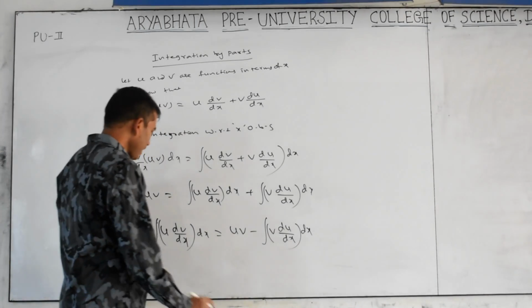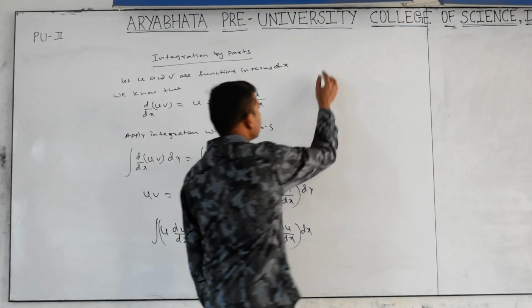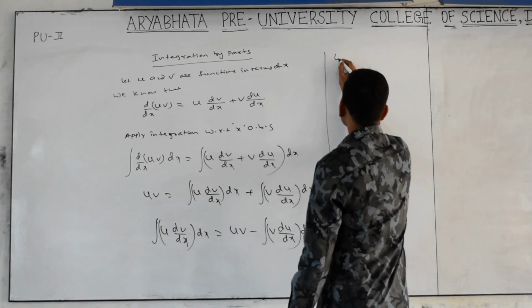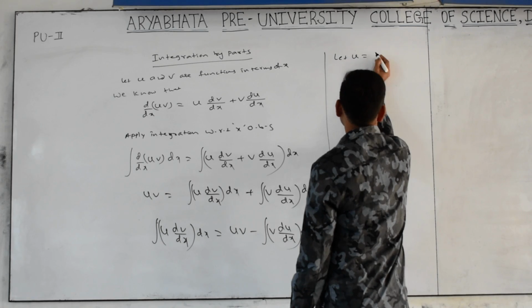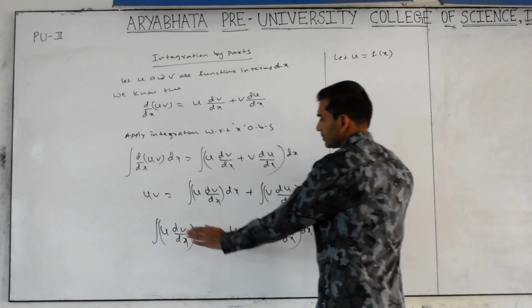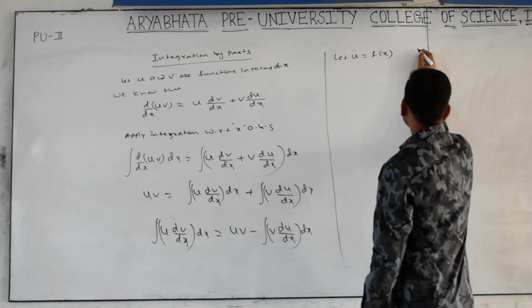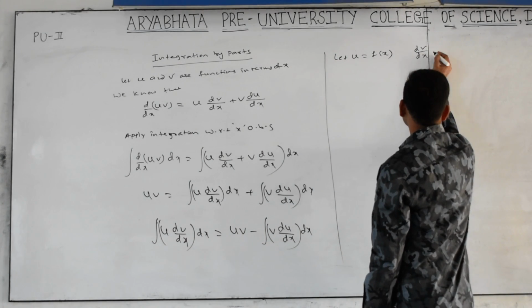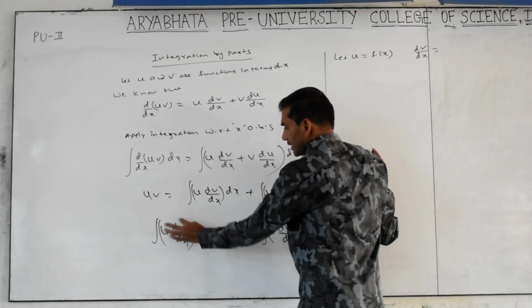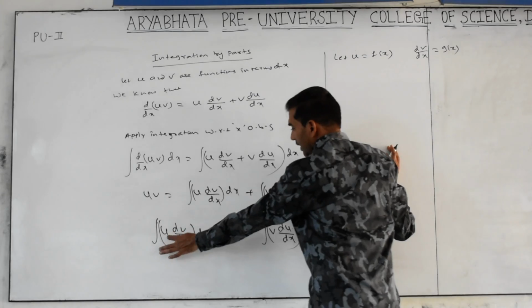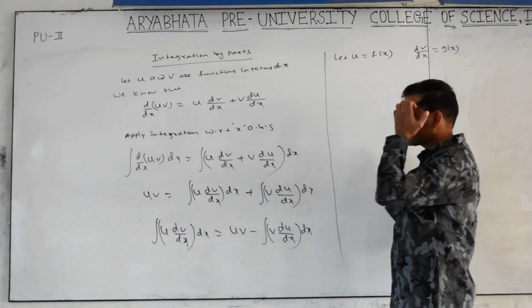Now I am going to convert this into a product. Let u equal to f of x, and let dv by dx equal to g of x. This is the first function f of x, and this is g of x.